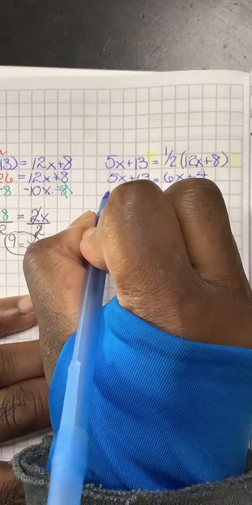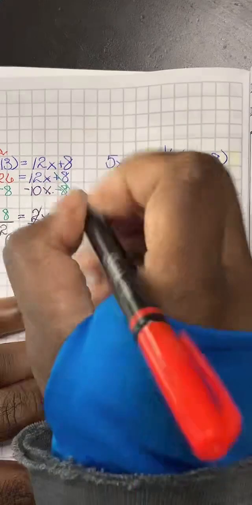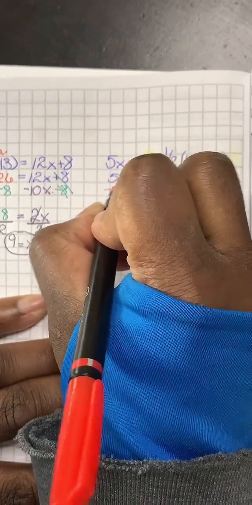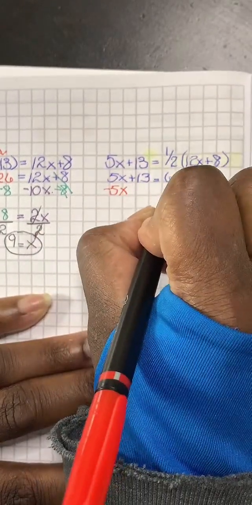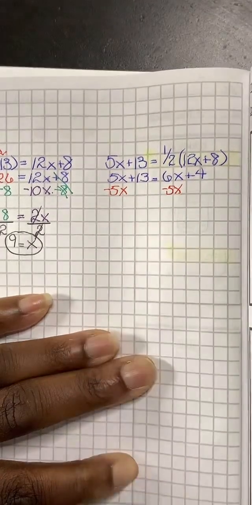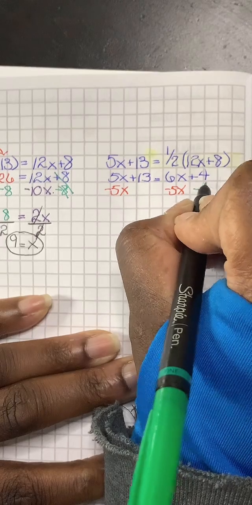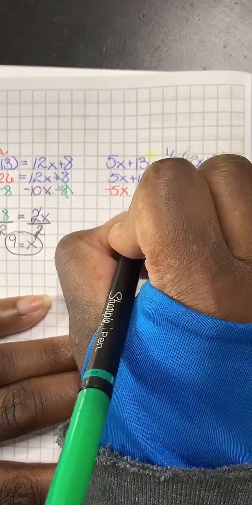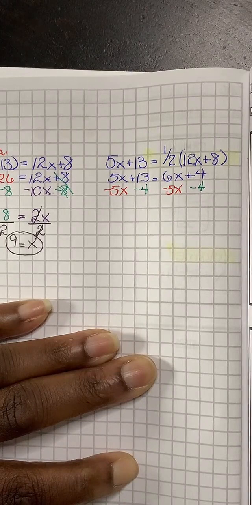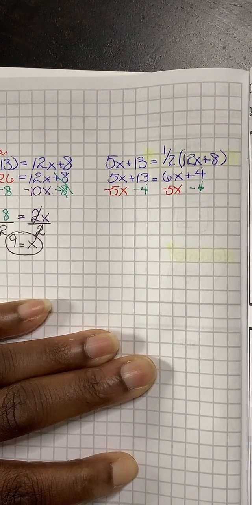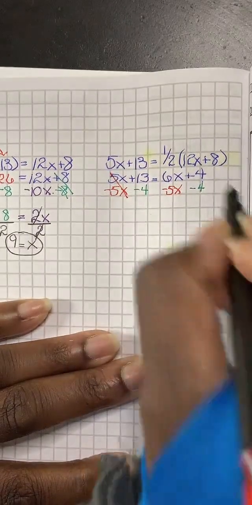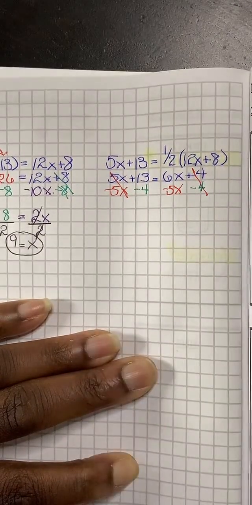Then I could subtract 5x on both sides, and with me subtracting the 5x, I could subtract the 4. Okay, which will cancel out the 5s, cancel out the 4s.